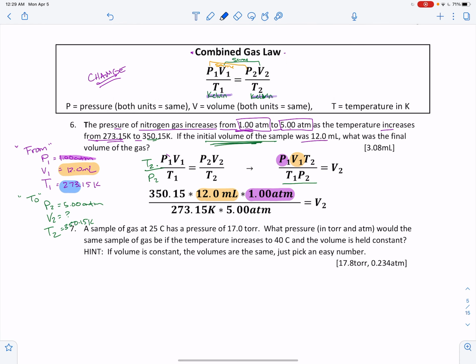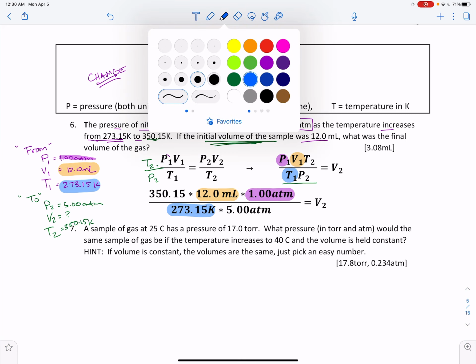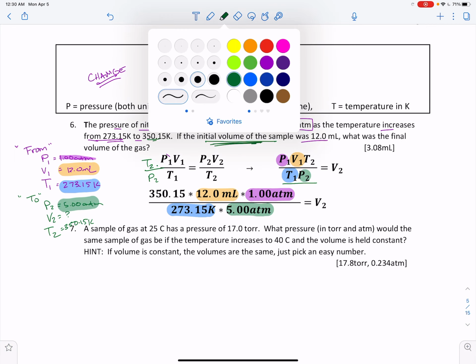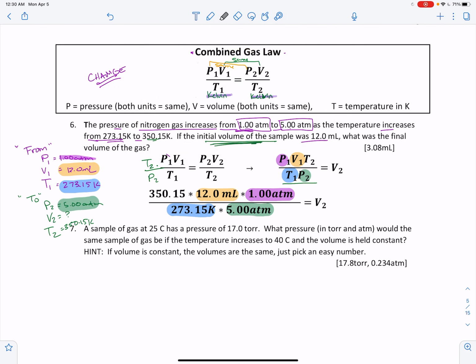Then we have our T1. Sorry, look where T1 is. It's down here. And then we have our 5 ATMs. That's our P2. And then we have our 350.15 for T2, down up there.